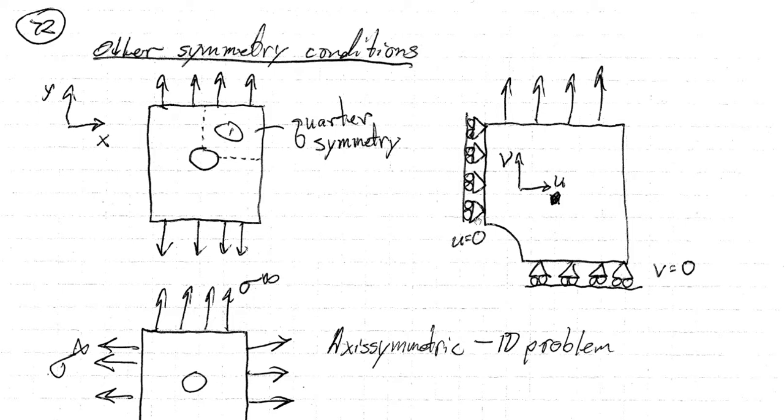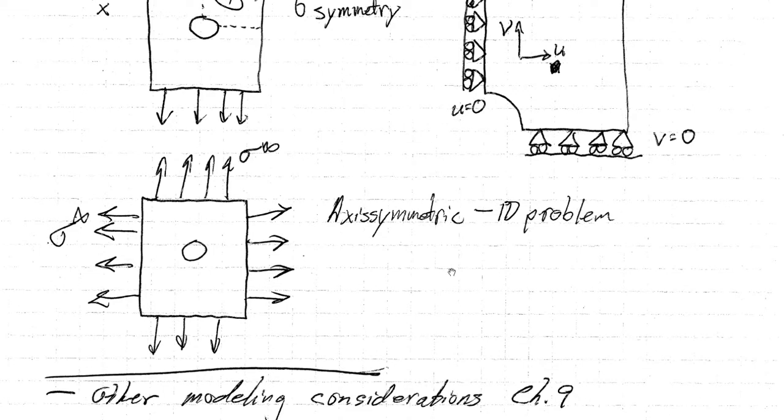That means this is constrained in the x direction on this plane, and on this edge it's constrained in the y direction. Now, coming back to the axisymmetric case, if you have biaxial loading with equal magnitudes in x and y, then it's axisymmetric, and it becomes a simpler problem.